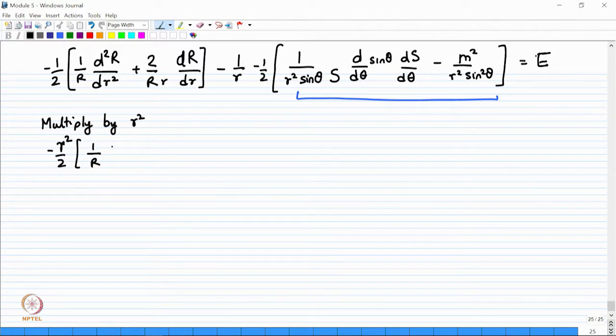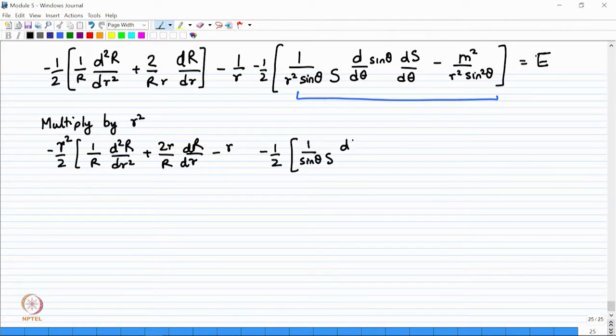and you have a 1 by r d square r by dr square plus 2 r by r dr by dr minus r, and then you have a minus half, and now what you have is something that depends only on theta: d by d theta of sin theta ds by d theta minus m square by sin square theta equal to E times r square.